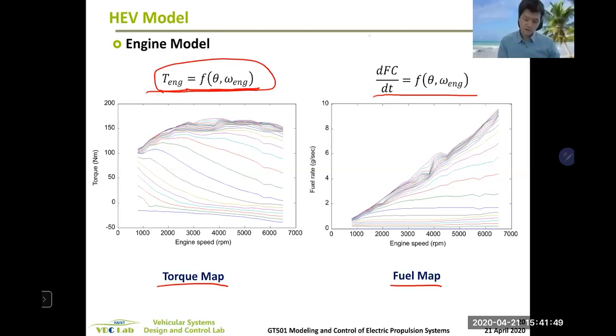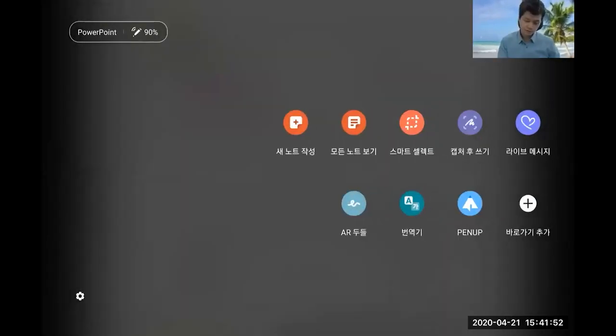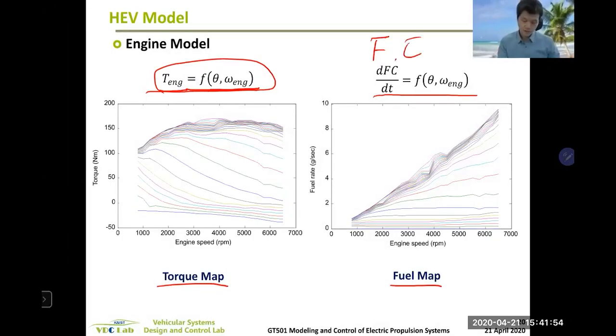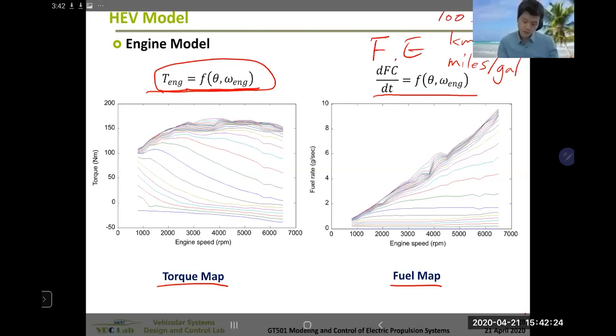What is the definition of fuel economy? Usually it's either kilometer per liter or miles per gallon, right? Or 100 liter per kilometer.